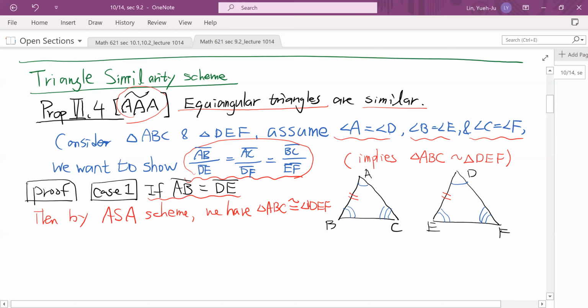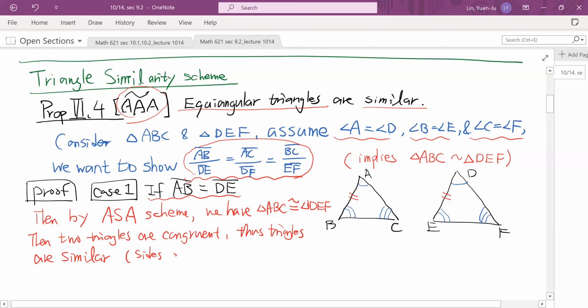If they're congruent, then it's even better. Then they're definitely similar. The triangles are congruent, so the sides are in proportion, and the triangles are similar, and the sides are in ratio 1.